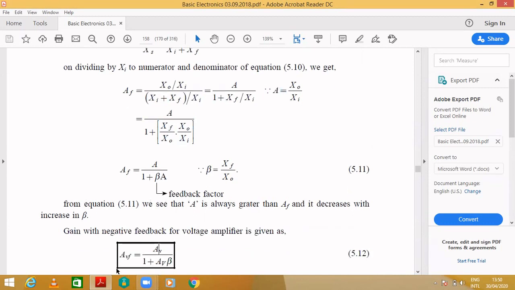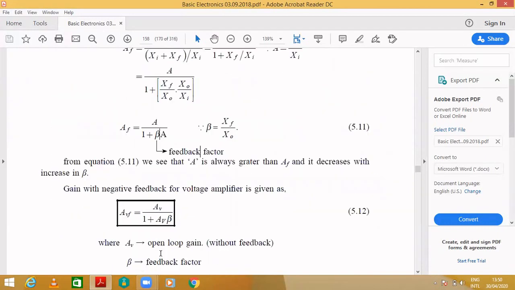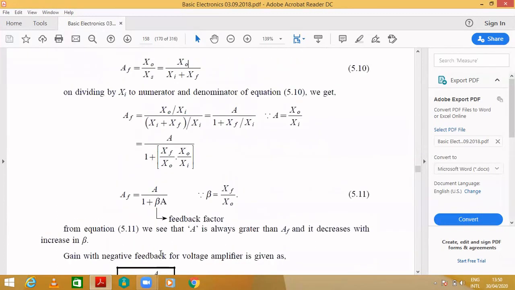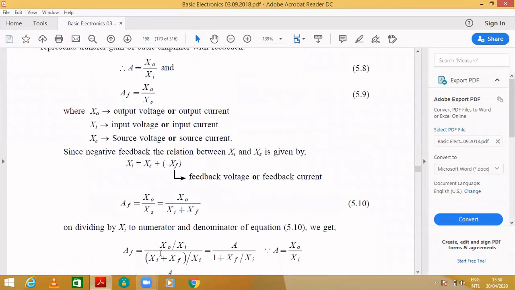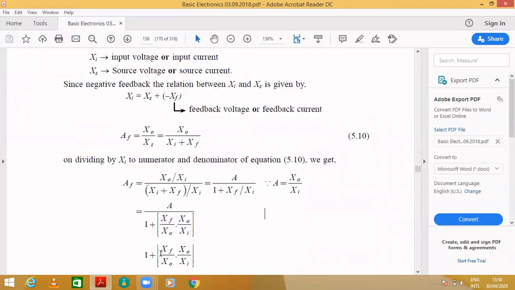That is what is here: the gain with negative feedback for a voltage amplifier. For a voltage amplifier, I represented the lower subscript with V, so wherever you see it, the gain is AV. So this is the derivation for gain with feedback. This is about gain with feedback.